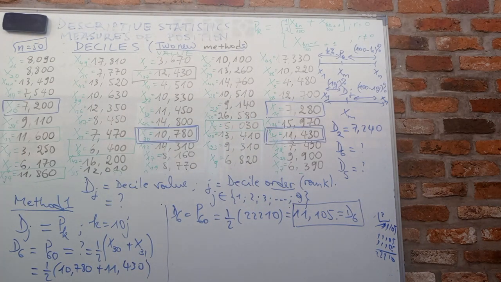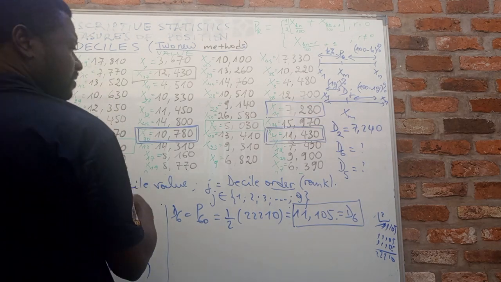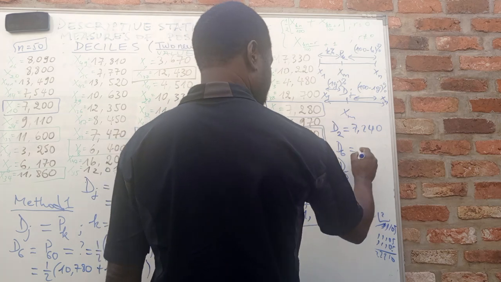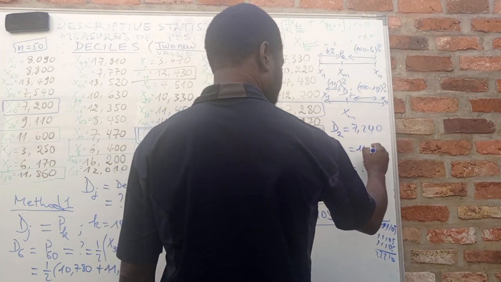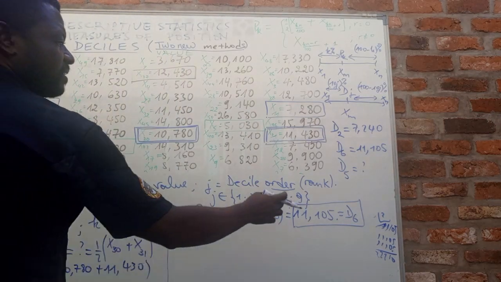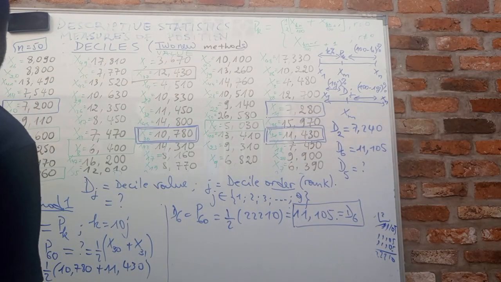Okay, so now this is the result here. It is 11,105. So now let us calculate D5 now.